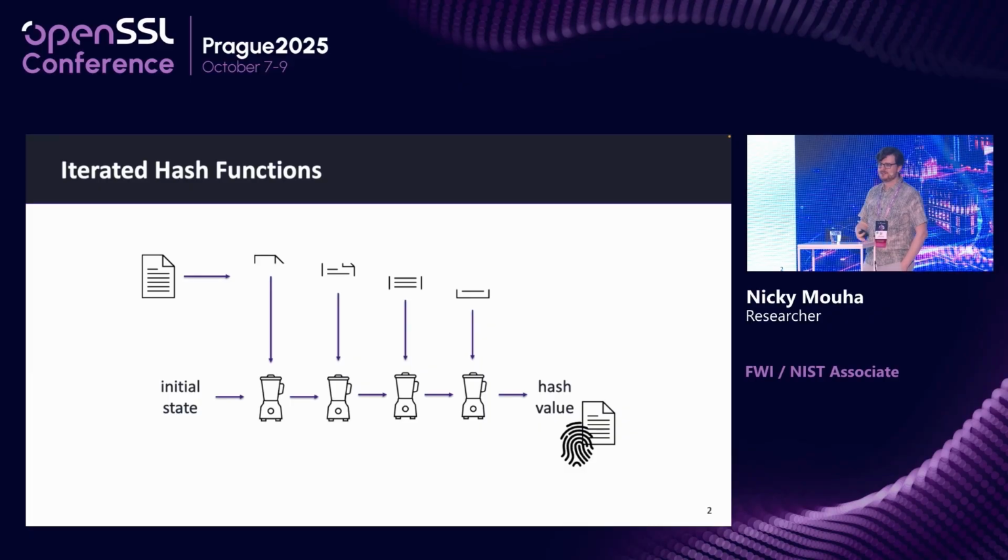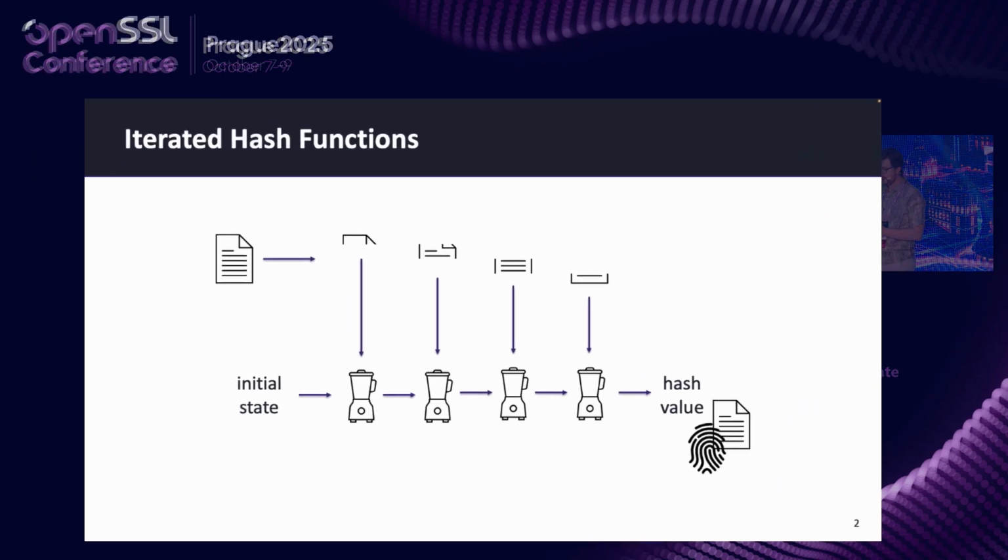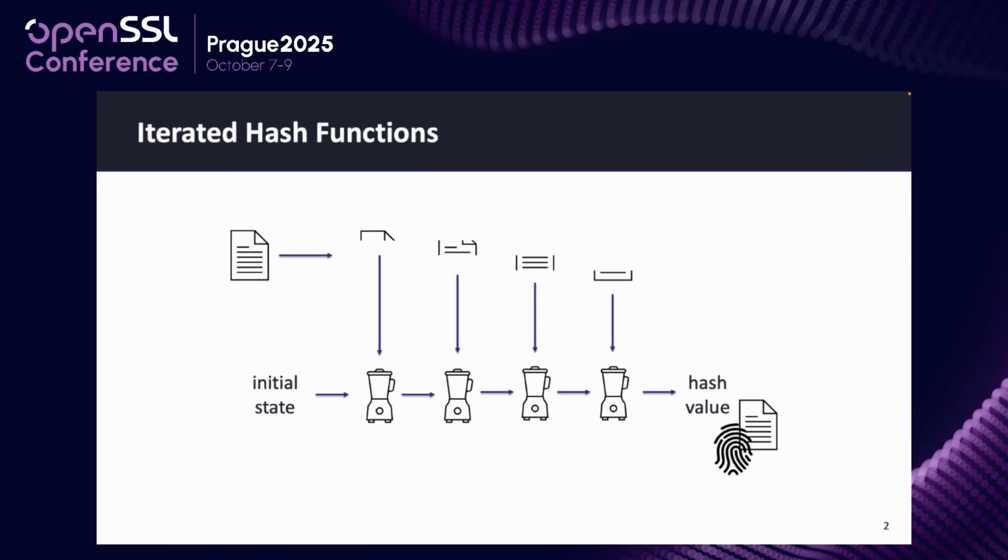So virtually all cryptographic hash functions are iterated hash functions. What that means is that the message, possibly after padding, is going to be split into blocks of a specific fixed size. And then we're going to process every block of the message one by one until we end up with a hash value.